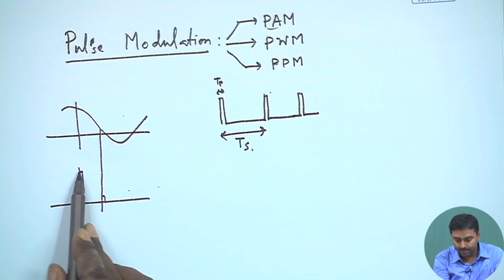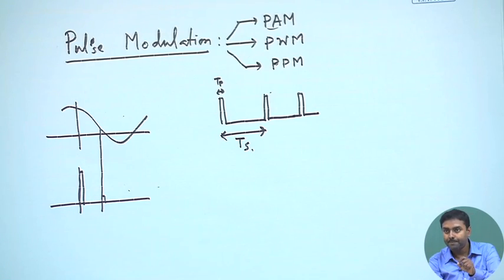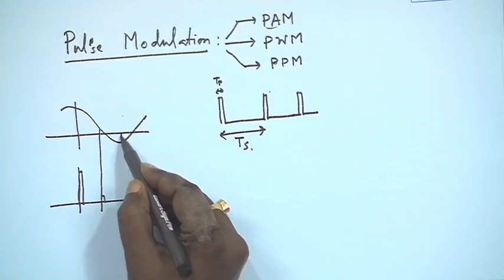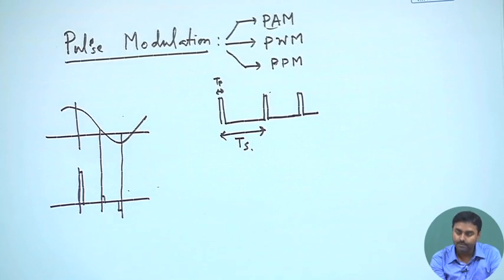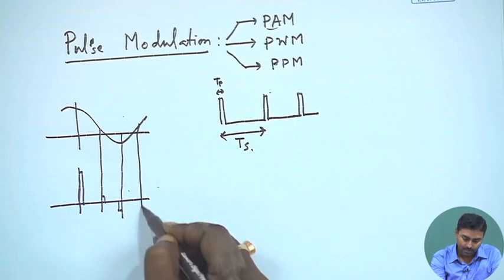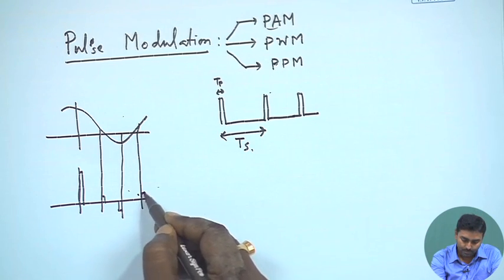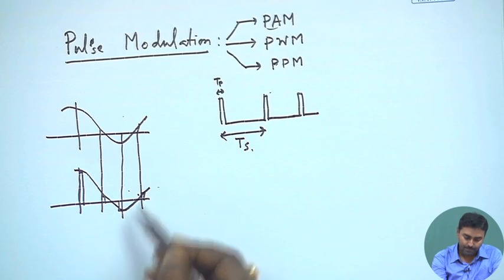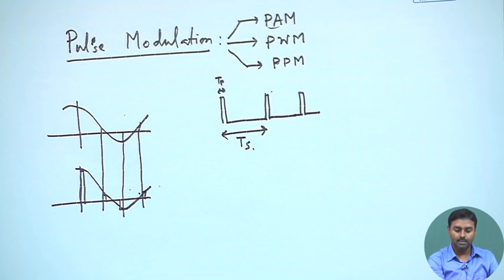It will be just like this. If you take the pulse tips and connect them, they will create the envelope of the signal. Again there will be a pulse that is negative, and so on. If there is a pulse, that will be positive. If you just connect the tips, that will just look like the original signal.